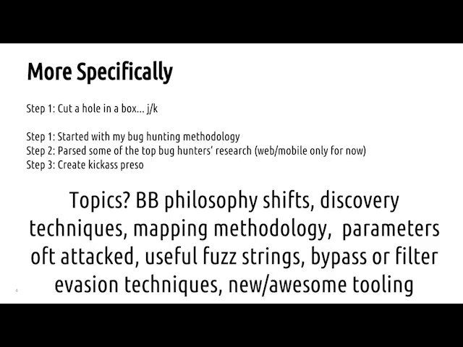So more specifically, what I did is I took my bug hunting methodology, and then I went out and I parsed some of the top bug hunters' research, web and mobile only for the current iteration. And what this means is I went out and I found blogs that these researchers had started and write-ups that they had contributed to all over the internet on some of their disclosures on their bugs.